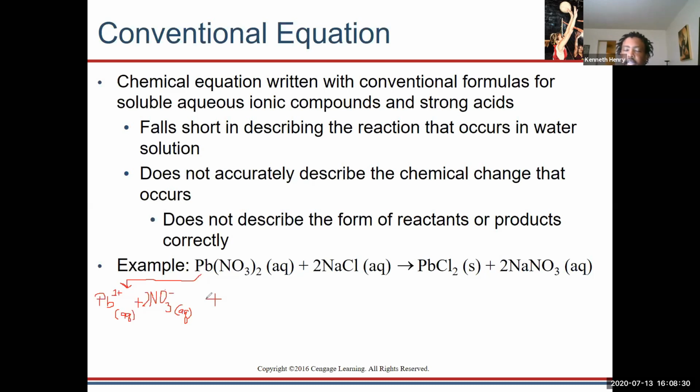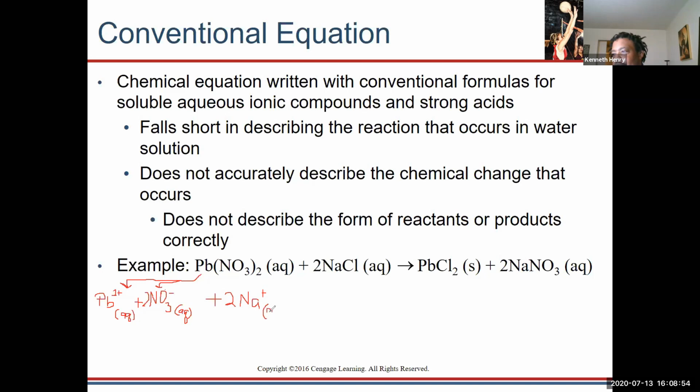What ions am I going to get when I dissociate sodium chloride? Two Na plus. Okay, somebody other than Ryan.